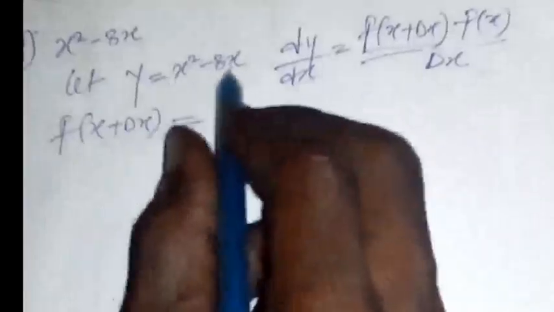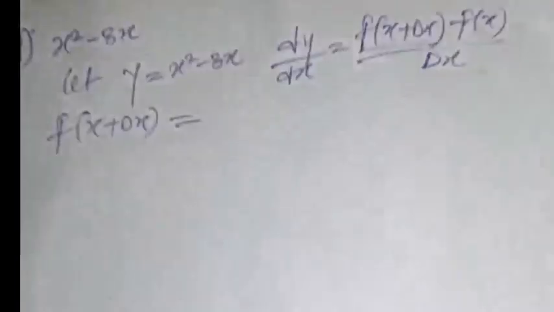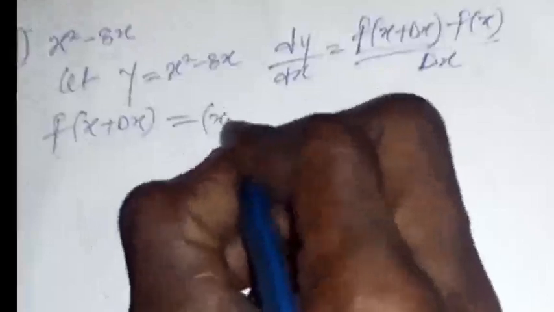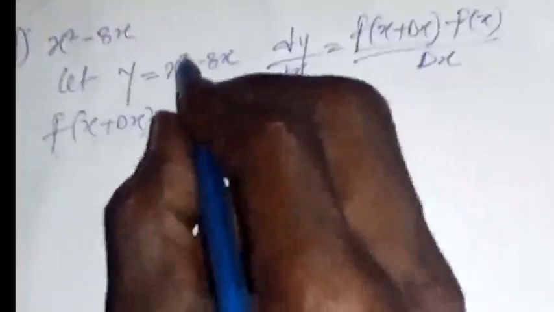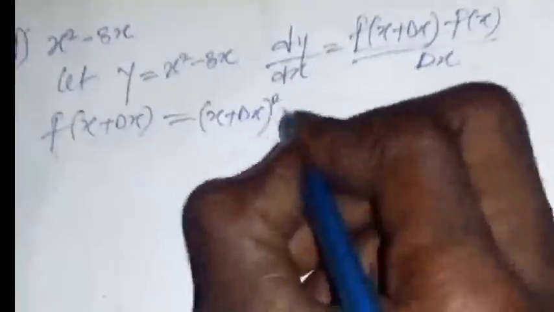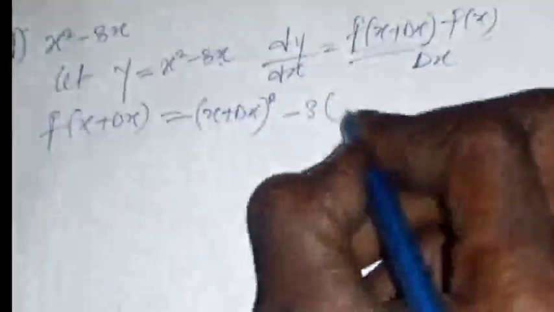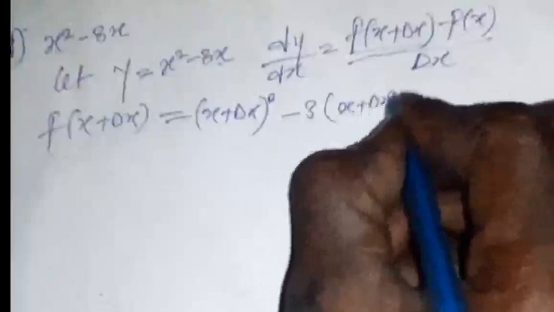As we said, wherever we see x in our expression, we substitute it with this one while evaluating function of x plus delta x. Therefore, here is x. We substitute it with x plus delta x, and it is squared, we put square, minus 3. Here is x. We substitute it with x plus delta x.